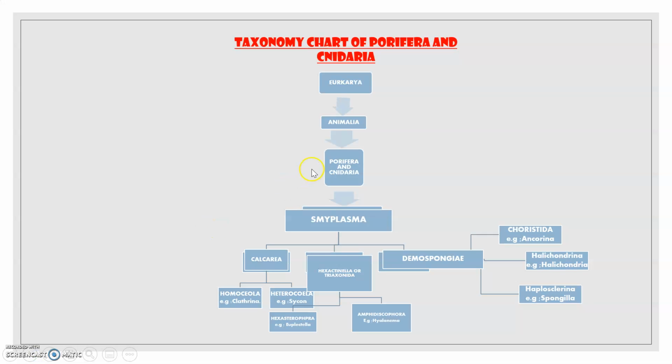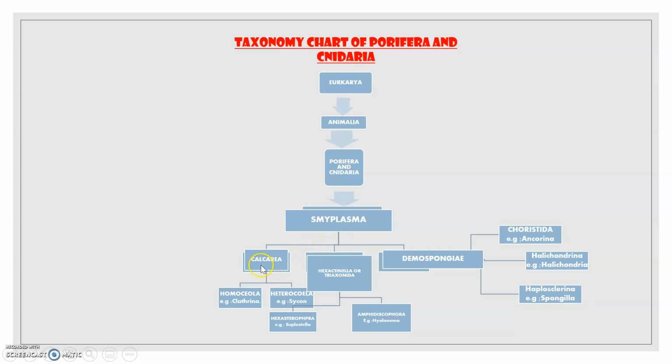Next, the taxonomy chart of Porifera and Cnidaria. For the domain, both Porifera and Cnidaria are called Eukarya. The kingdom of Porifera and Cnidaria is called Animalia. The phylum is called by their names, Phylum Porifera and Cnidaria. For the subphylum, it is called subphylum Symplasma, and the Symplasma is divided into three classes.